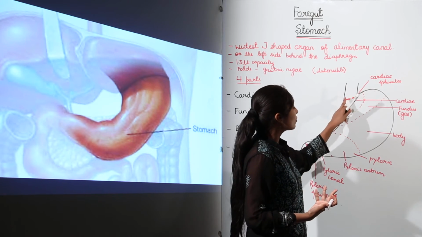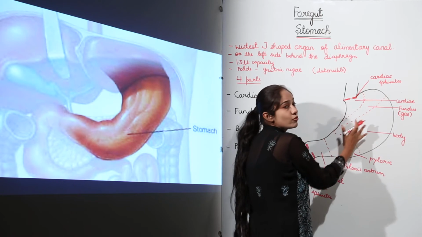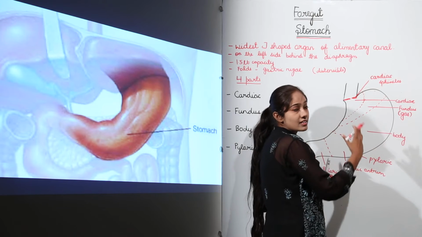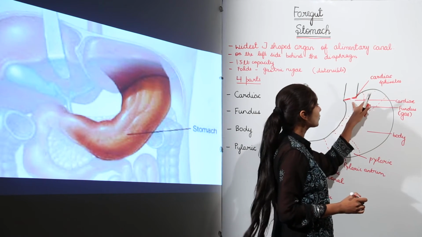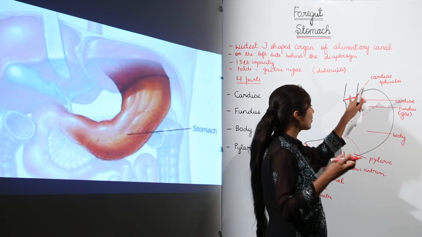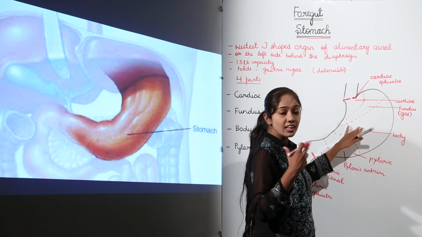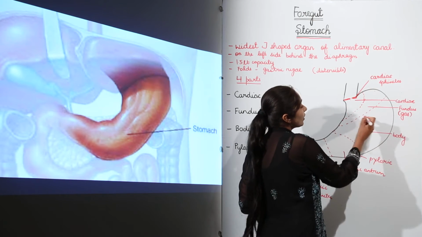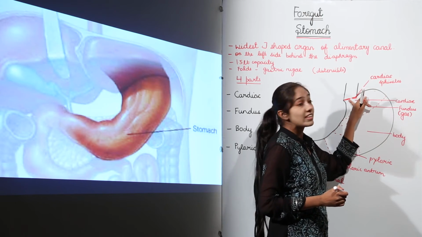Now, what is it going to do? It is going to prevent the backflow of the digested food in the stomach, so that the digested food in the stomach does not go back to the esophagus. When the bolus of food, right, the mass of the food, enters the stomach, there is digestion which takes place in the stomach. After that digestion, the food does not go back into the esophagus, this cardiac sphincter prevents that.